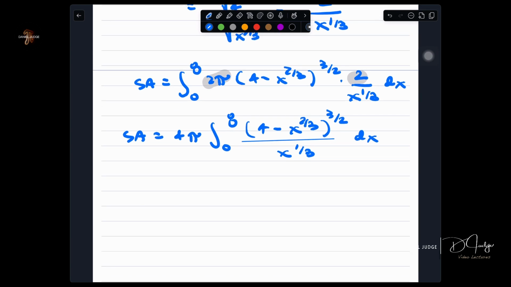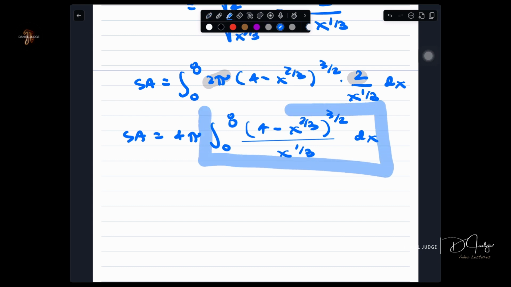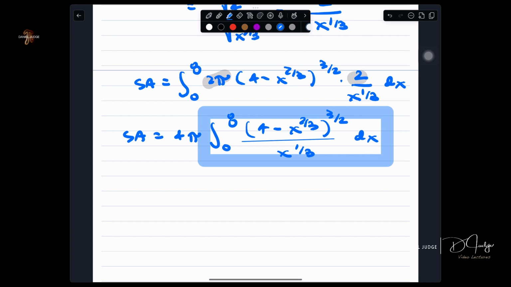So this is the portion that we're going to need to integrate. The question now is, how do we integrate this particular function?